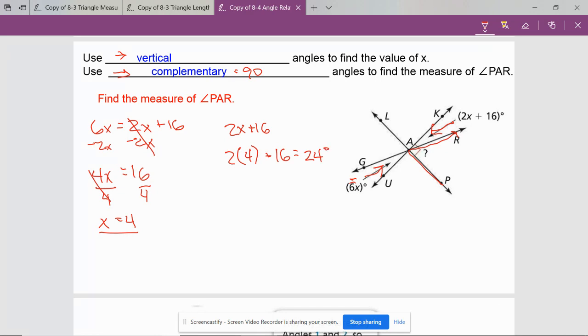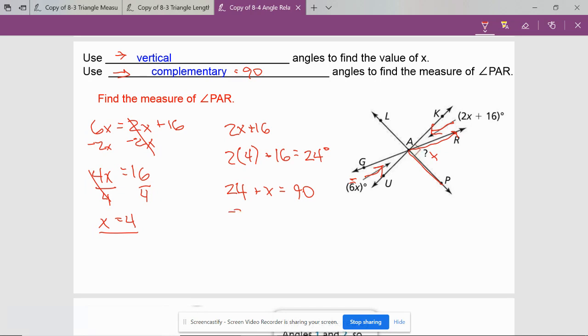Okay? So we know that KAR is 24 degrees. So we get 24 plus, let's call that x, plus x is going to equal 90. We know that complementary angles equal 90.